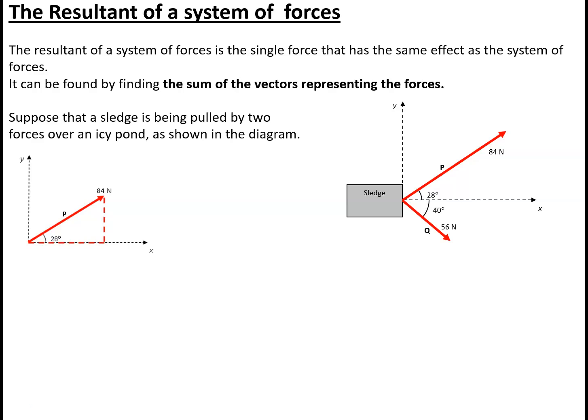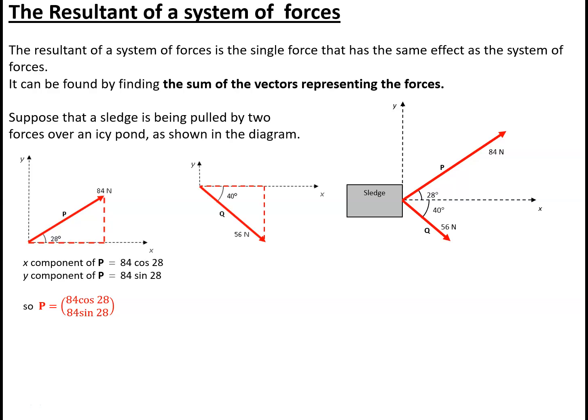Then, using our trigonometry again, we can write the forces P and Q as column vectors. So the force P has an x component, which is 84 cos 28, and a y component of 84 sine 28. So we can write the force P equals 84 cos 28, 84 sine 28.